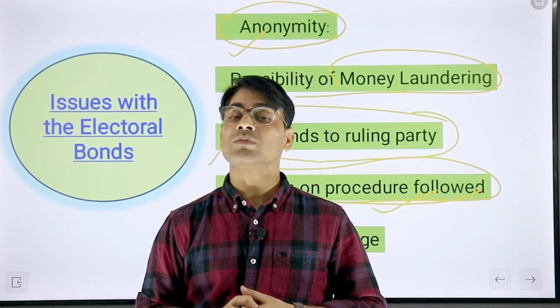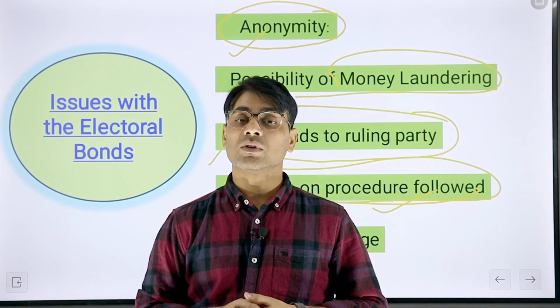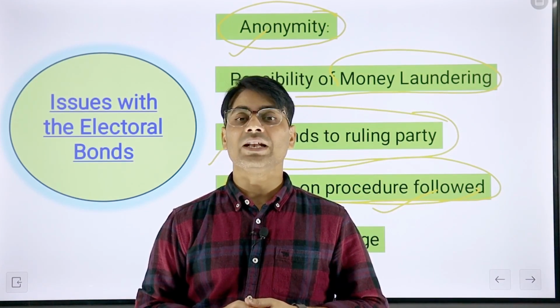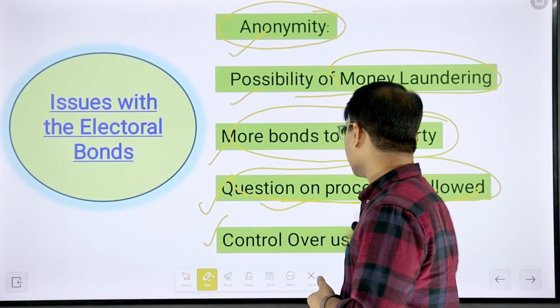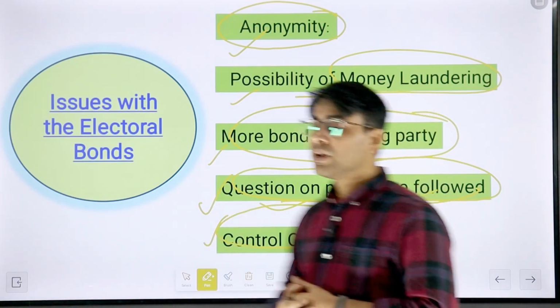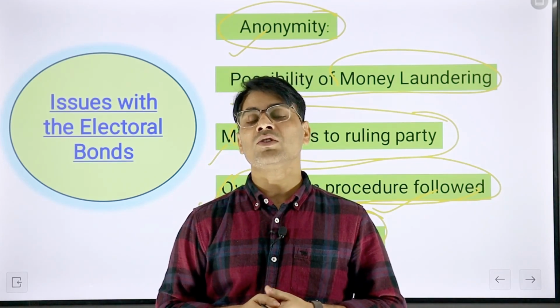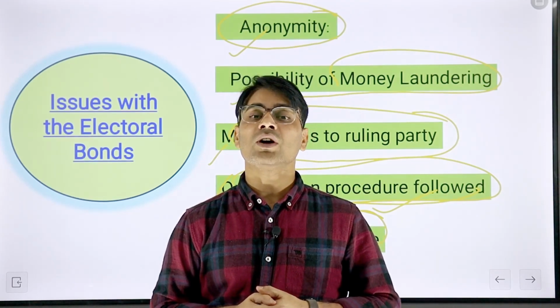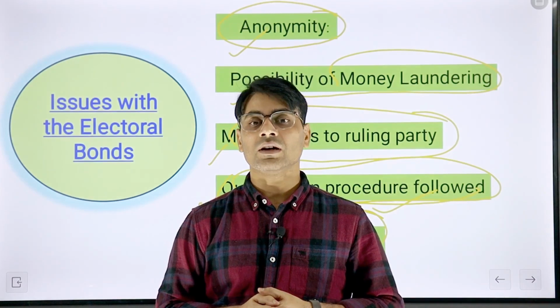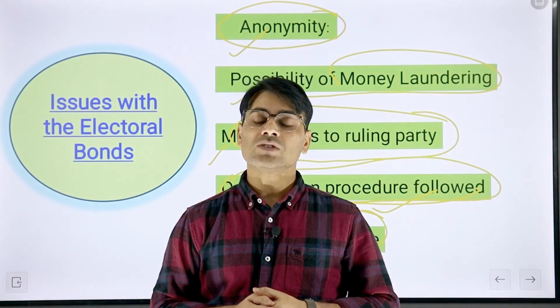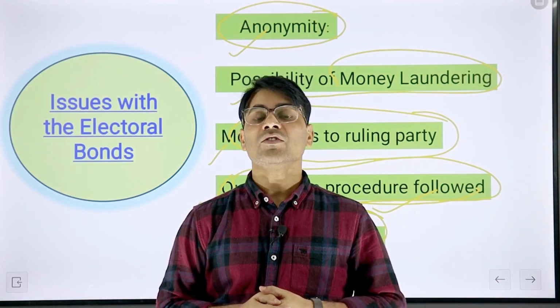This is one of the issues when it comes to the electoral bond system in India. And the last, control over use. The government of India has authority over it, and a good amount of data related to the donors remains with the government of India, which can be manipulated. That's also another issue when it comes to free and fair elections.